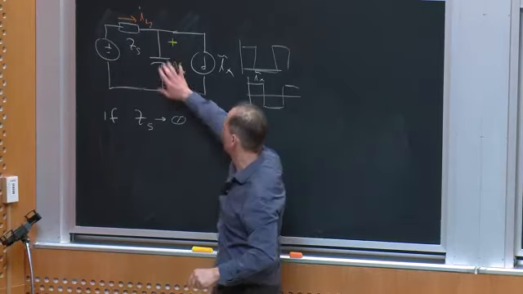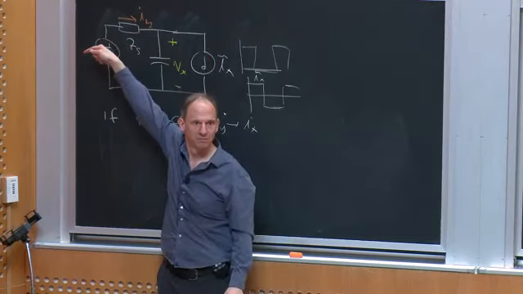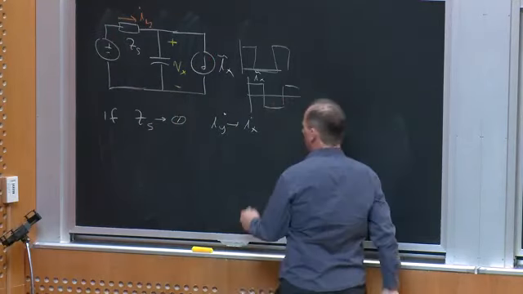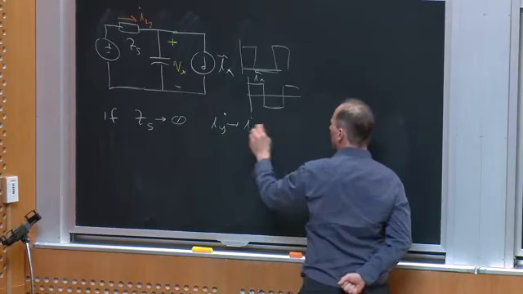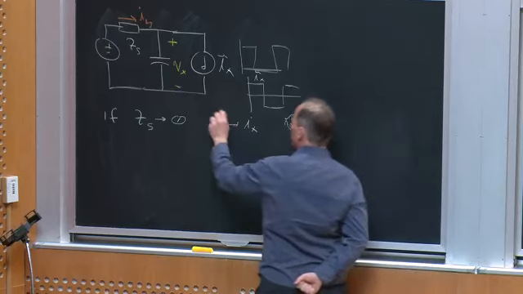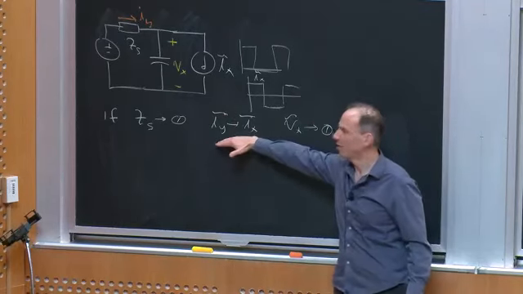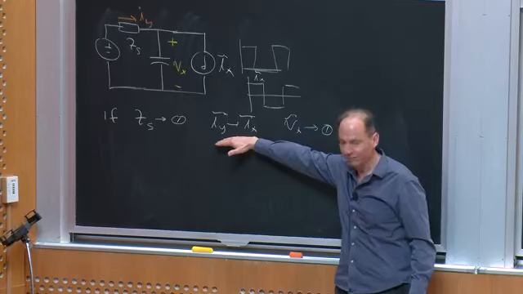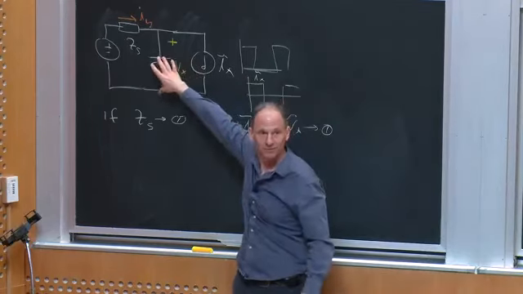If there's no source impedance, this capacitor does nothing, and all the ripple goes back into my input, right? Of course, if Zs goes to 0, then Vx tilde goes to 0. All right? So if I had no source impedance, my input would see all of the ripple current from the converter, but I wouldn't have any voltage ripple at the input of my converter.